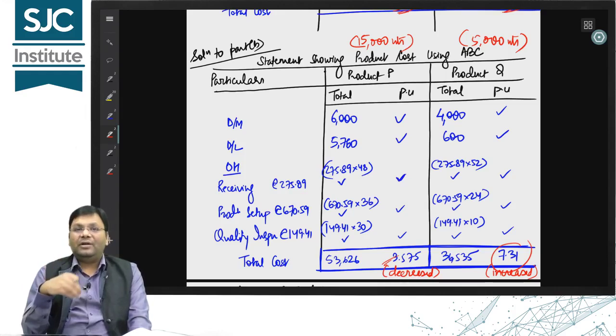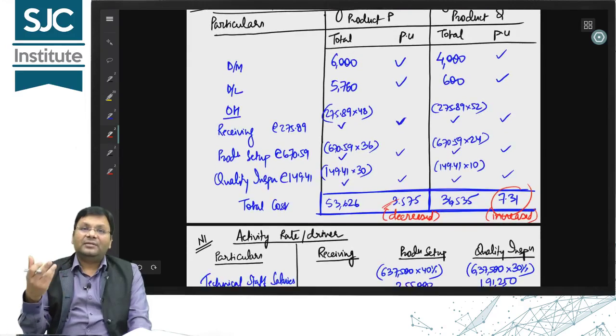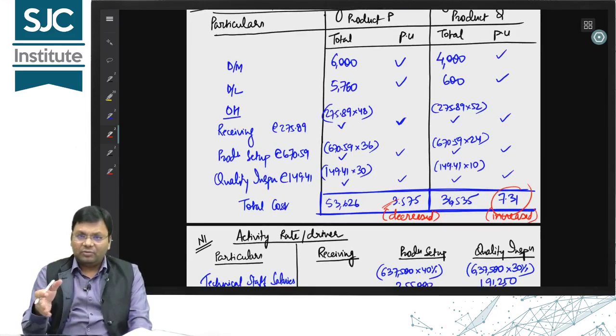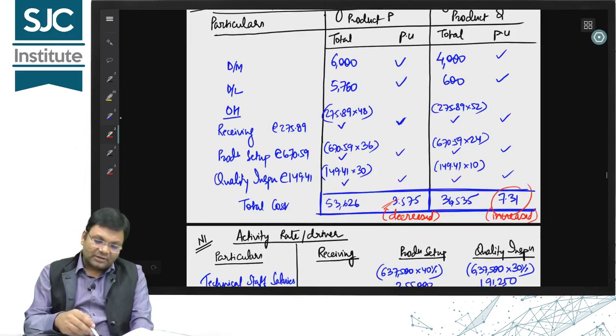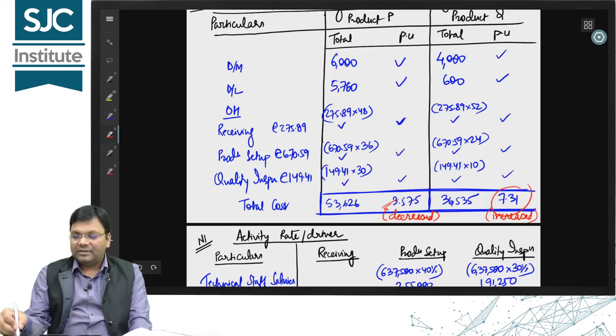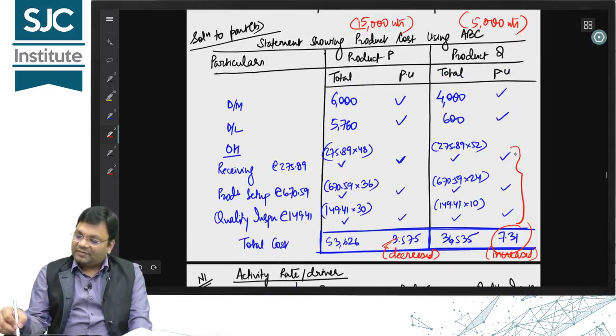Right now I don't have any question related to that, but still I shared something with you. There can be other questions which you will find in the workbook. Sometimes a question will ask you to give some recommendation as to how to reduce the activity based cost of products. Especially for product Q, you have a very high cost.